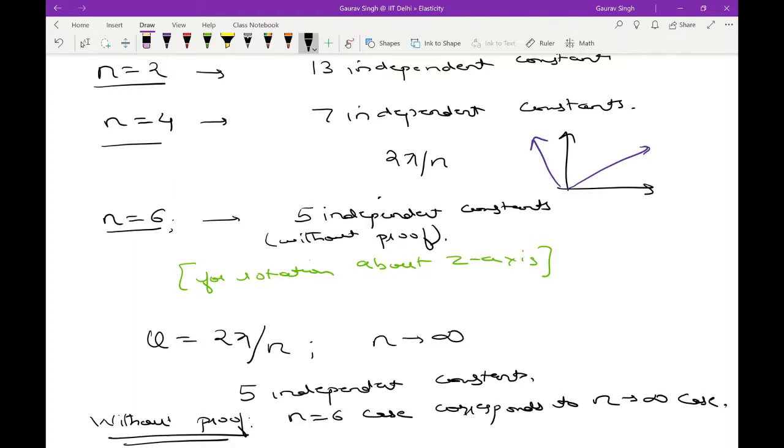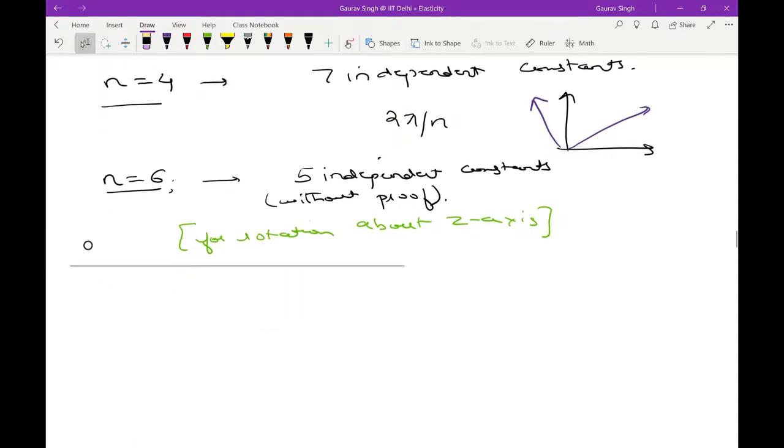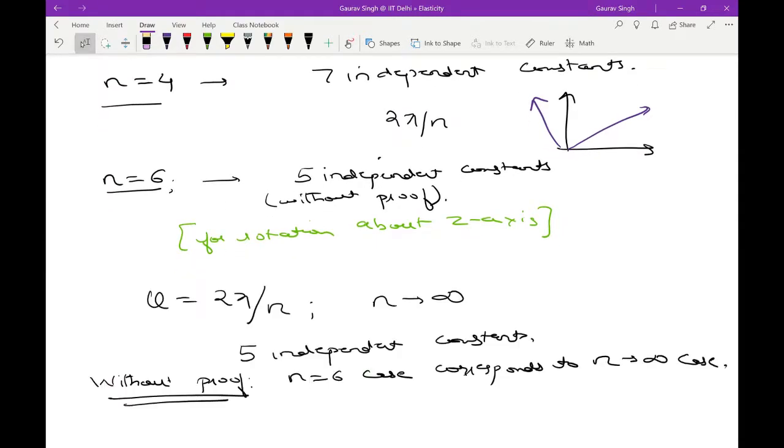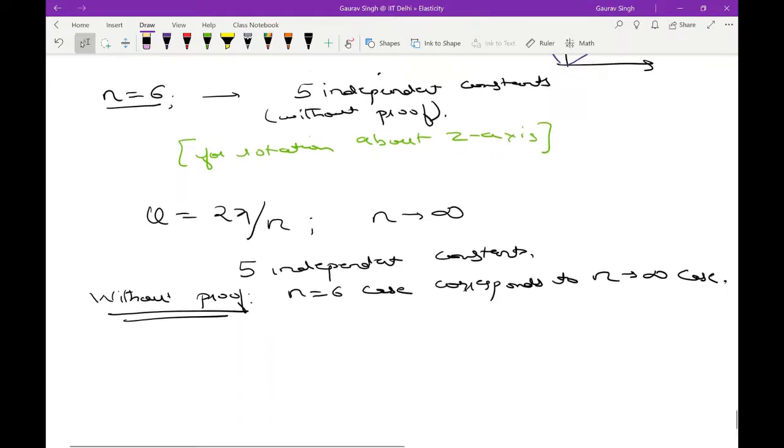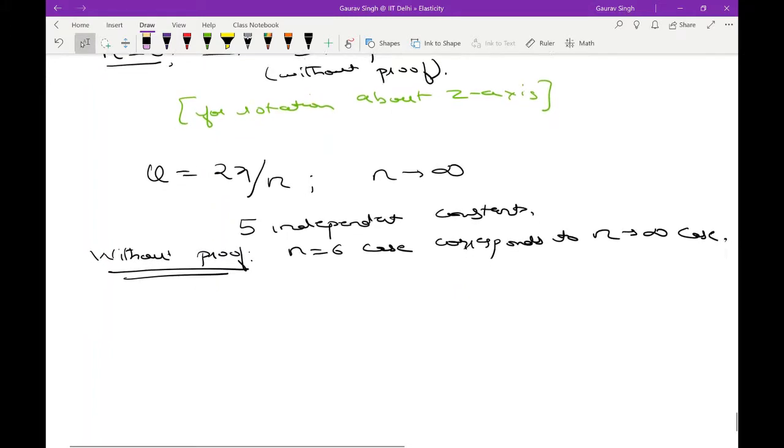The method is still the same: you apply 2 pi by n, write it, and apply the limits later on, and then you will still get 5 independent constants. Now that would look like this.